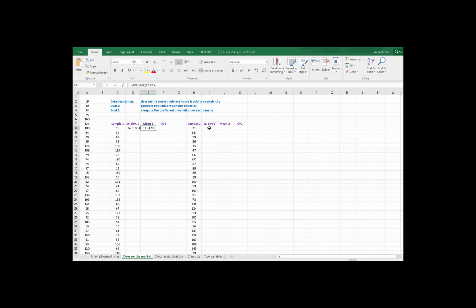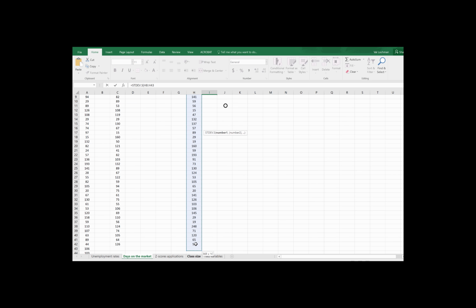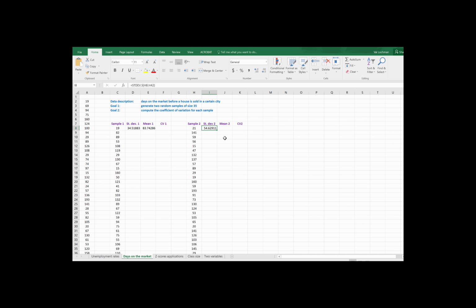Okay, let's see what we get for the second sample. So equals STDEV.S, and we have these values right here. We get 54, which is a lot different than 34, right? Almost 55. What about the mean?